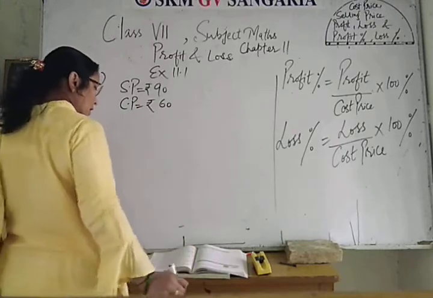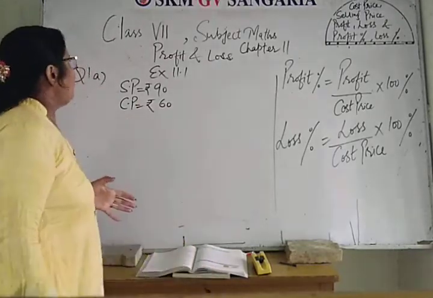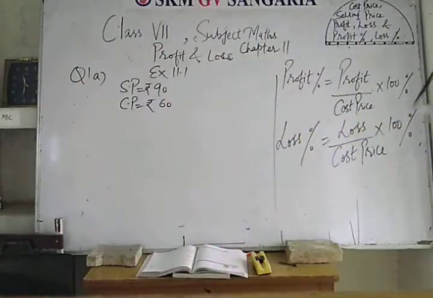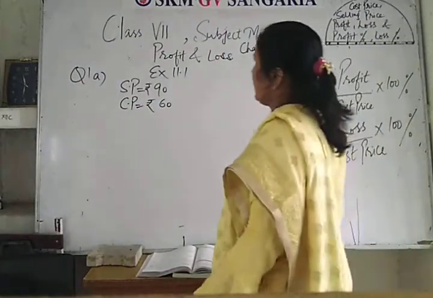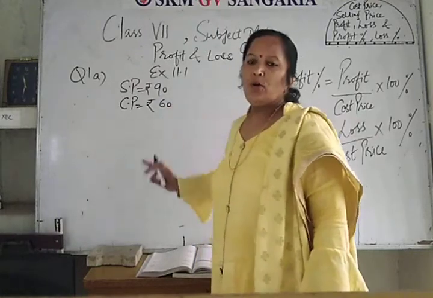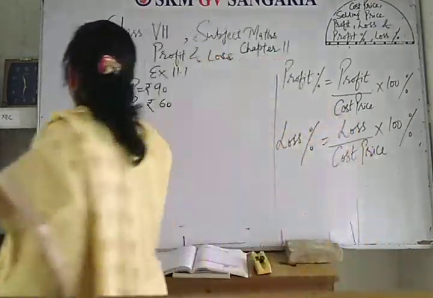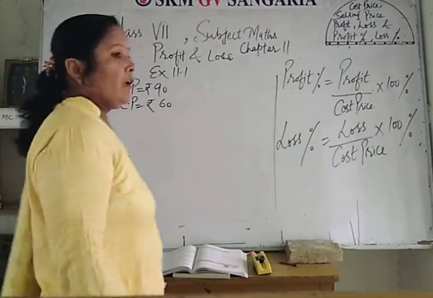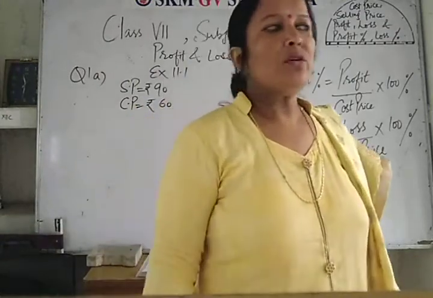First of all, when you look at this problem, selling price 90, you will compare which is greater, selling price or cost price. Here selling price is rupees 90 and cost price is rupees 60. So what will it be, loss or profit?